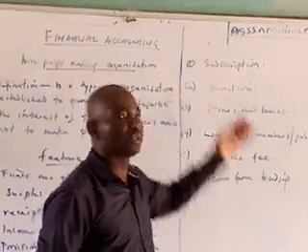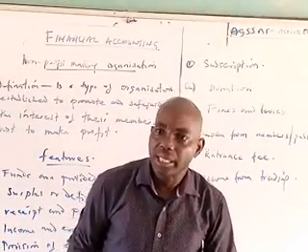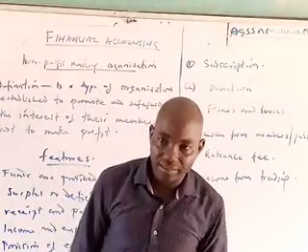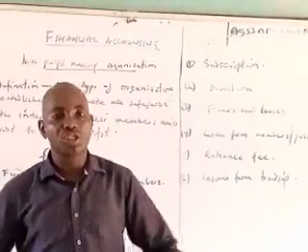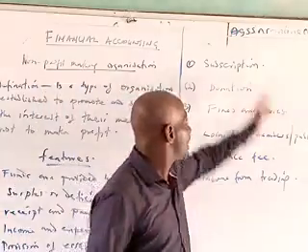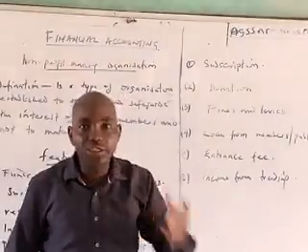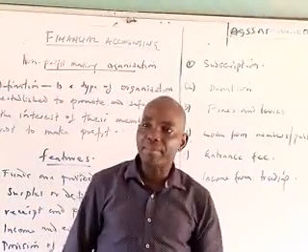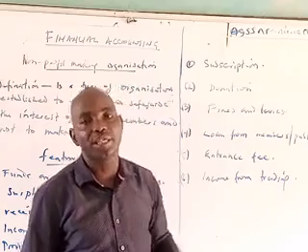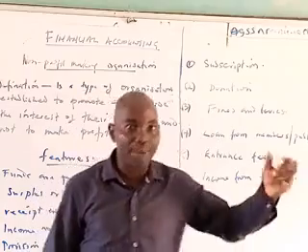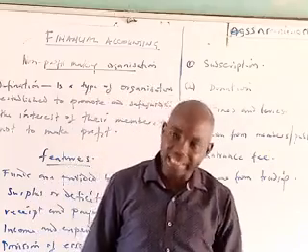Then also donation. We are talking about donation as a free gift, a voluntary donation. It's not compulsory like subscription. This one is a voluntary donation by members or from the public when an organization is embarking upon a capital project and they need money.